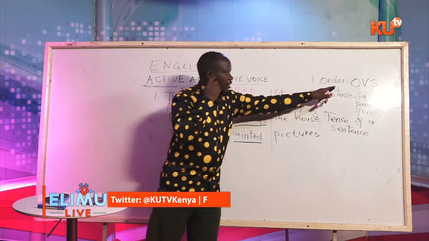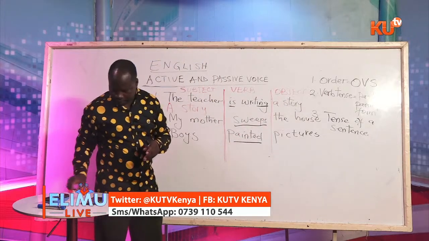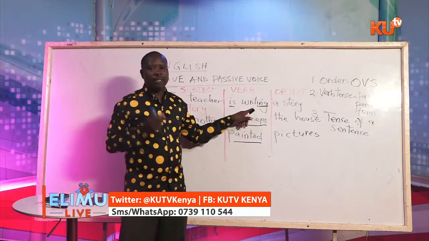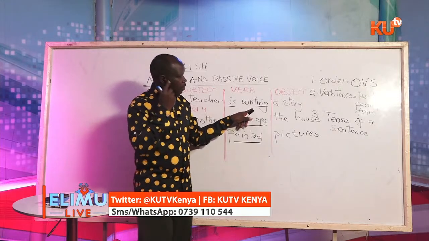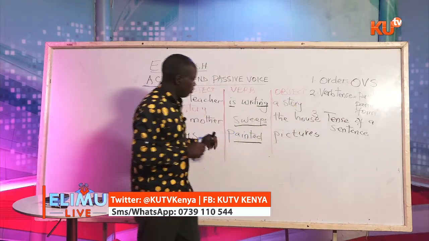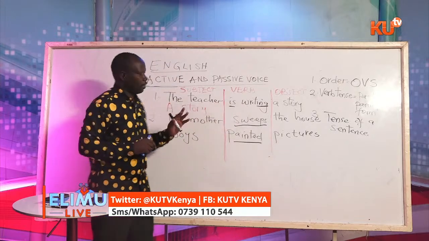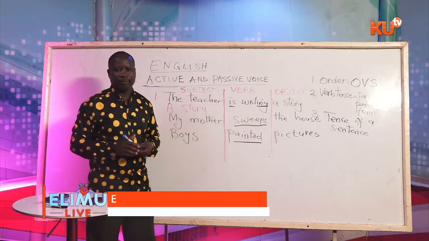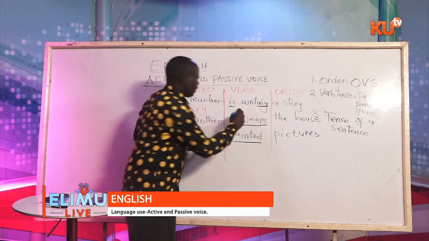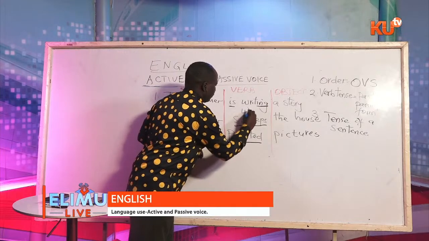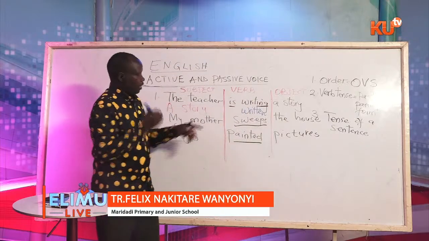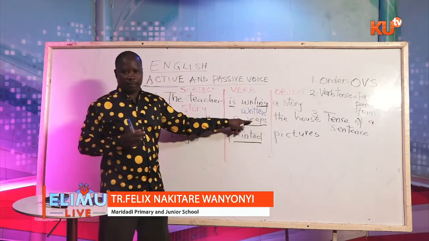Then we go to the verb. Our verb is writing. And remember, we said our verb must be written in past participle form. We all remember, what's the past participle of writing? The past participle of writing is written.